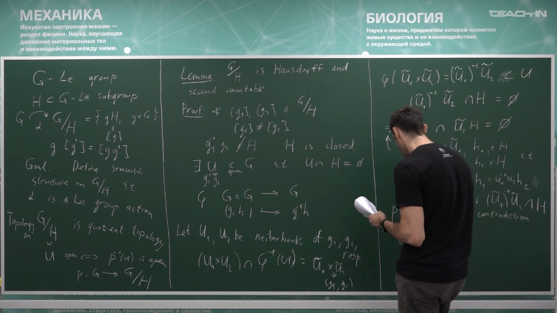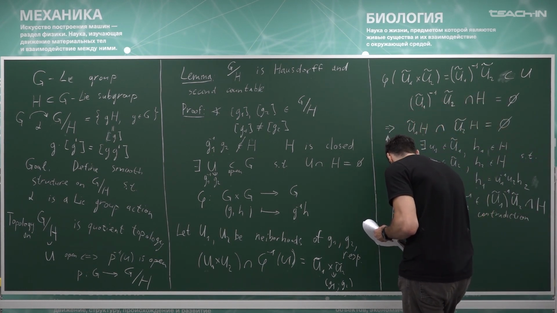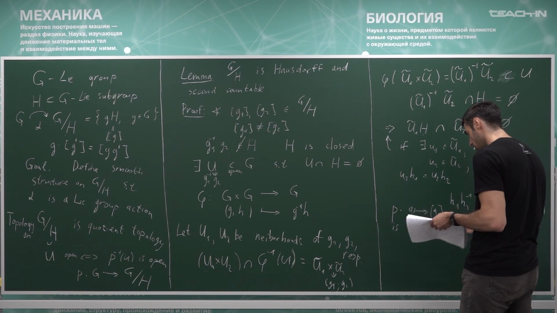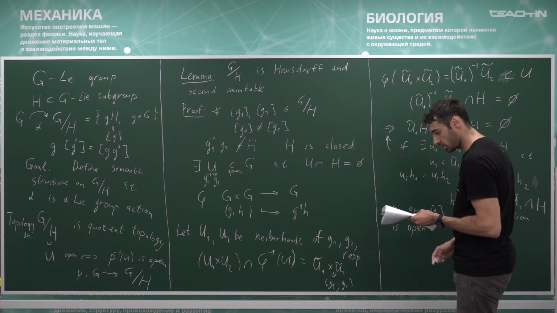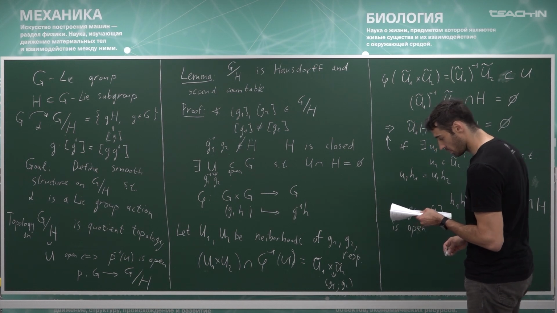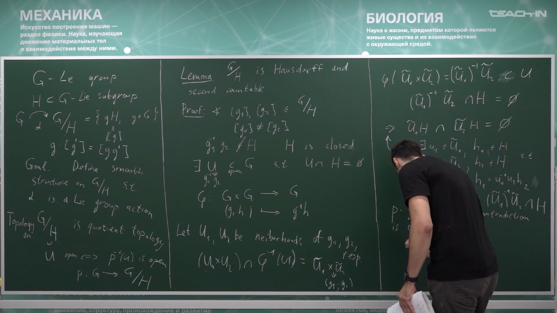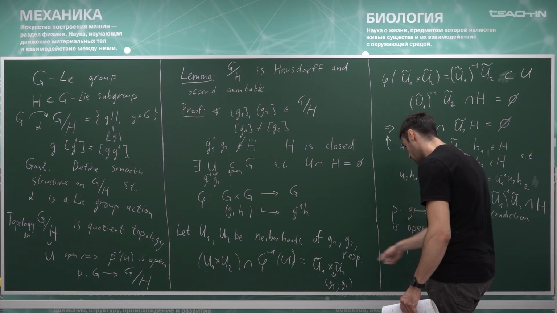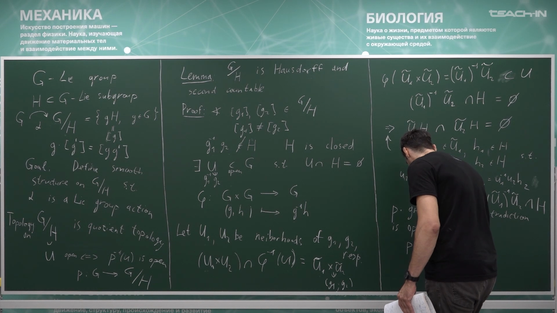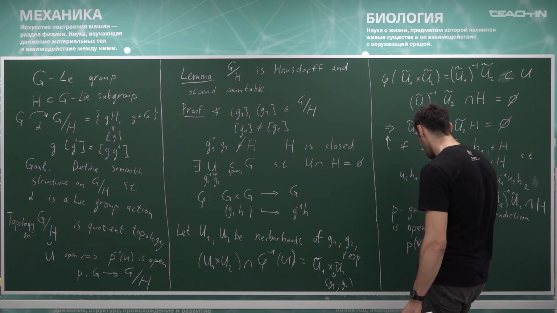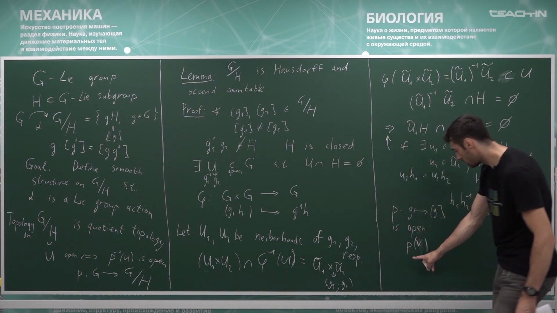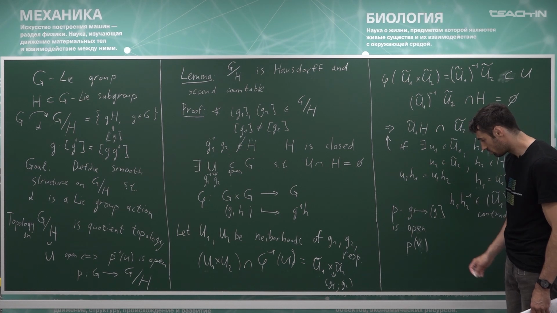So the projection. This map is open, meaning that it takes open subsets to open sets. Why is this true? Well, take some open V. We would like to see that if this V is open, then p of V is also open.